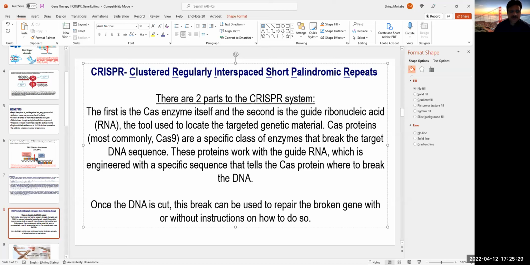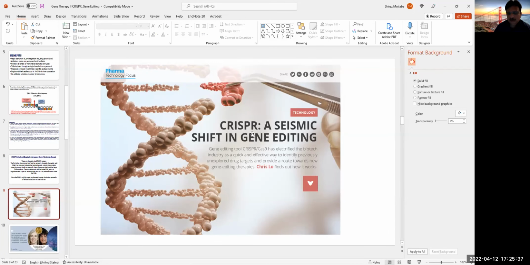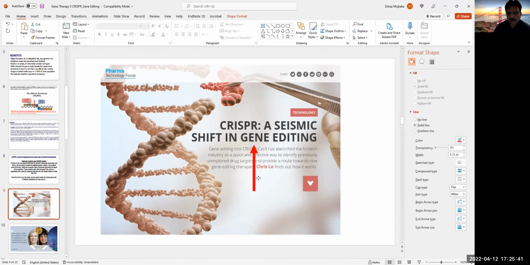Now this CRISPR system also has two portions, but before I go into the detail, let me share something. This CRISPR system is a big discovery in biology. It says, I just copy-pasted from Google Images, a seismic shift in gene editing.